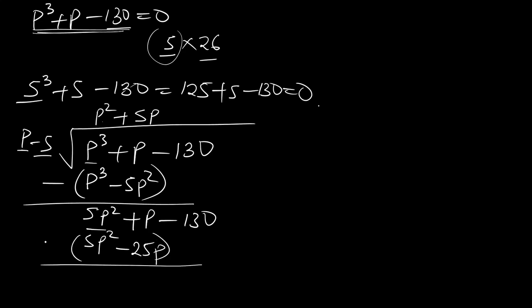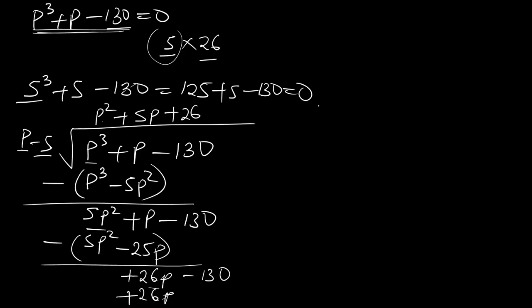Now if you subtract, this will cancel out. You have minus times minus 25p, you have plus 25p plus p. You now have plus 26p, and you bring down this minus 130. So p divided into this 26p, you have plus 26. So 26 times p will give you plus 26p.